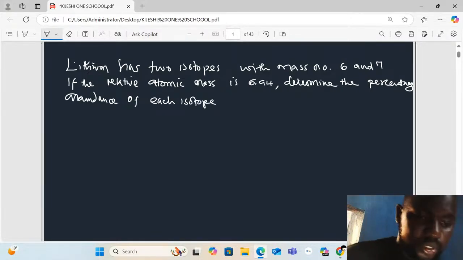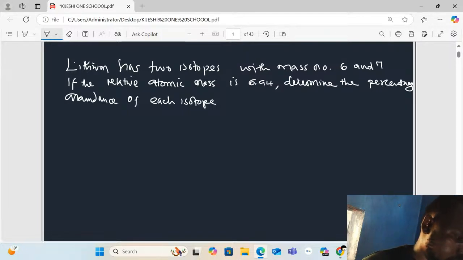In this case, we shall handle it in two formats. Therefore, now you can start with the first one.